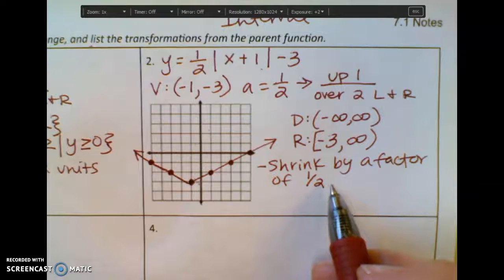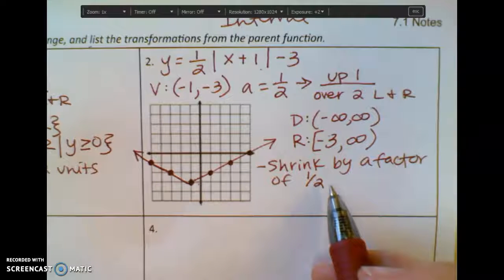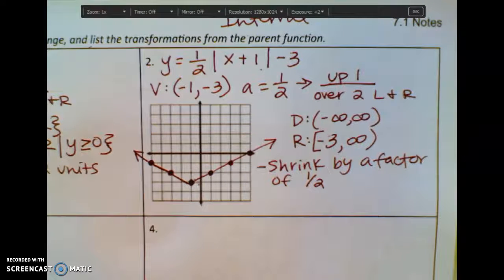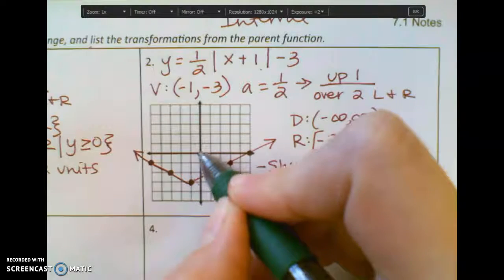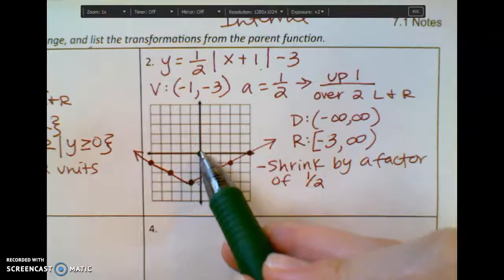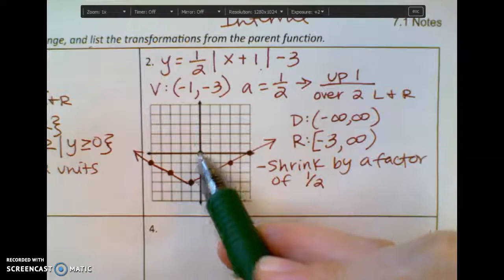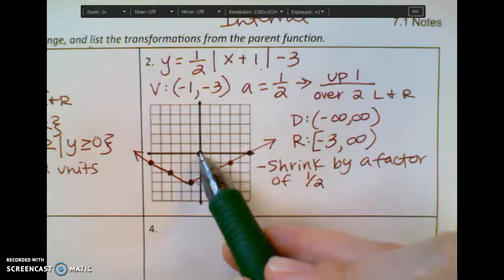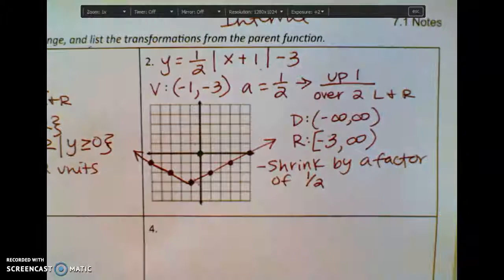And then next thing I ask myself is, was it taken to the left or to the right? So remember that usually our parent function is here at 0, 0. So if I start at 0, 0, to get from 0, 0 to our new function, did we go left or did we go right? Yes, we went left. How many units? 1 unit.